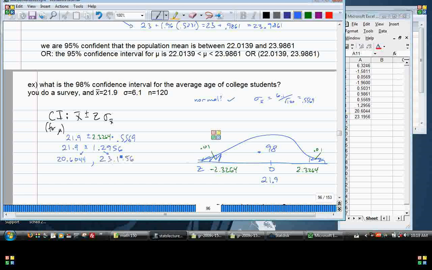Is this the 98% confidence interval for you? The 20.6044, you got that from subtracting, right?